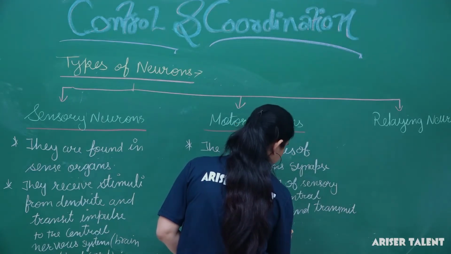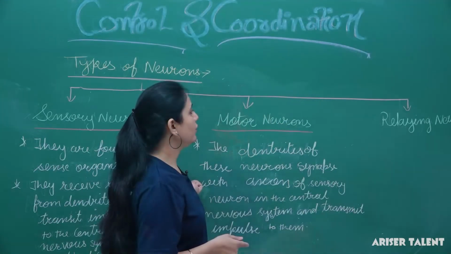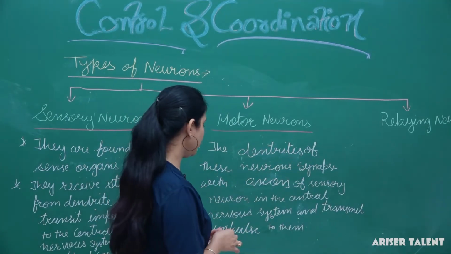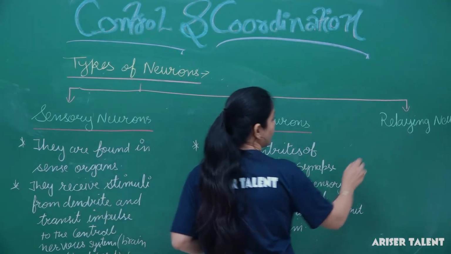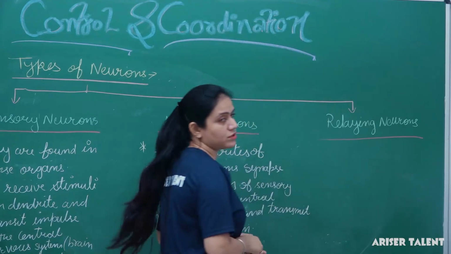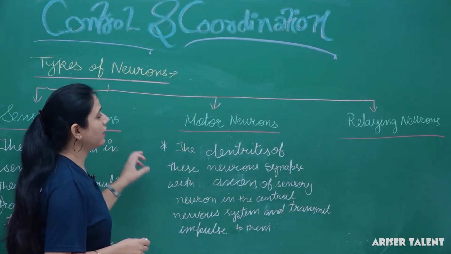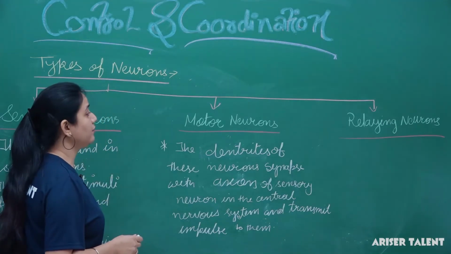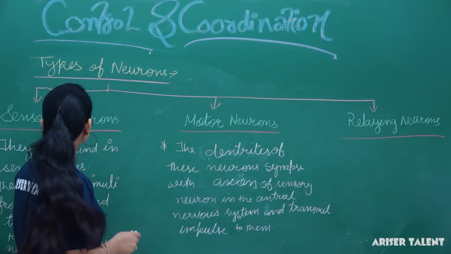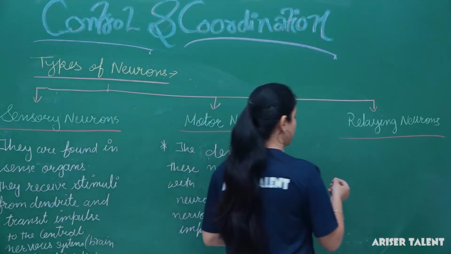Next, we are going to talk about relaying neurons. What are relaying neurons? Relaying neurons are found in the central nervous system, and they connect both sensory and motor nerves. We can say that they serve as a link between the sensory nerve and the motor nerve.